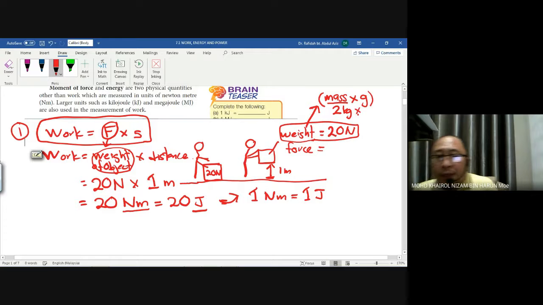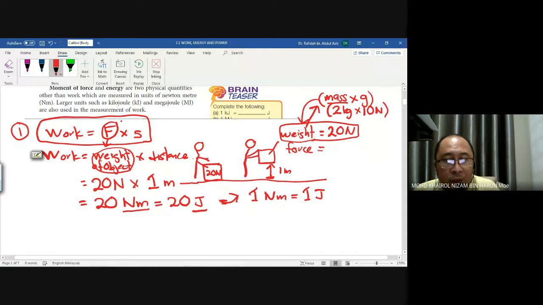But because of the effect of gravitational force that equals 10 Newton, or 10 meter per second squared, when we multiply mass and gravitational force, we will get weight. So when we get weight, that is the force of this activity.